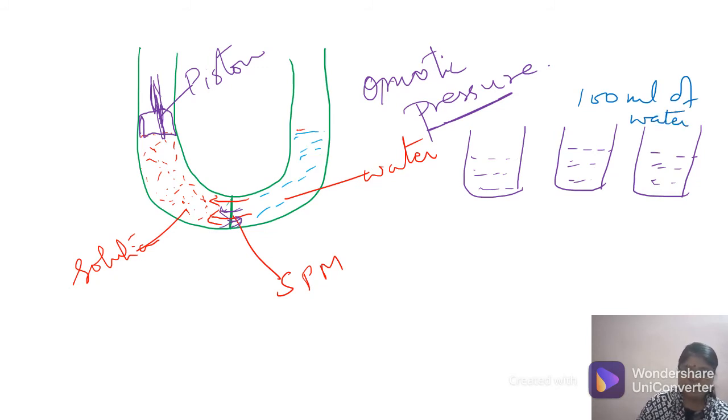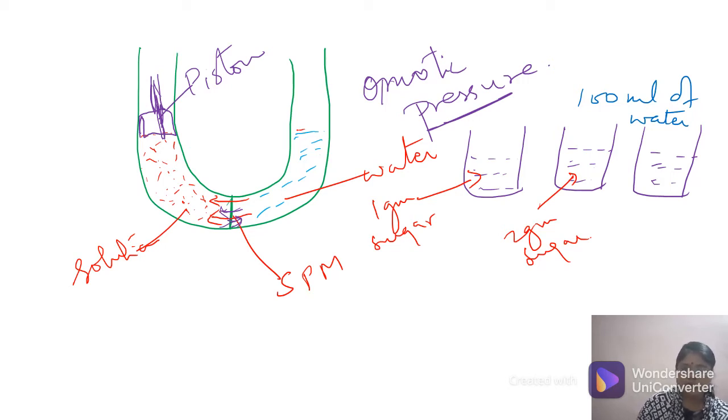Now what varies in them is, suppose in this one I have added 1 gram of sugar, in this one I have added 2 grams of sugar, and in this one I'm not adding anything right now.